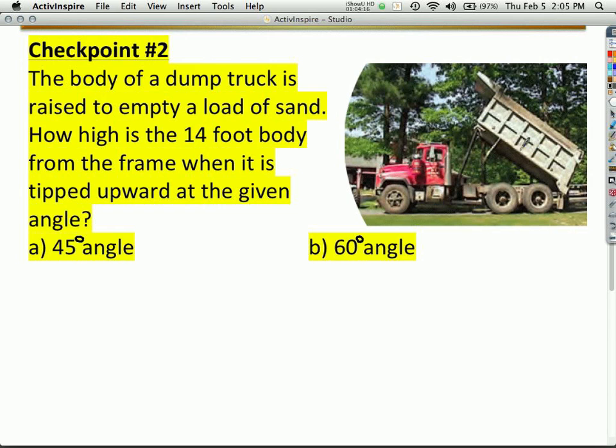This is 14 feet long. How high is it up in the air if it's tilted at a 45-degree angle, and how high up in the air is it if it's tilted at a 60-degree angle? Because this can go up and down. It can go past 45. It can go past 60. I don't think it can go all the way up to 90, but it can go pretty far up.